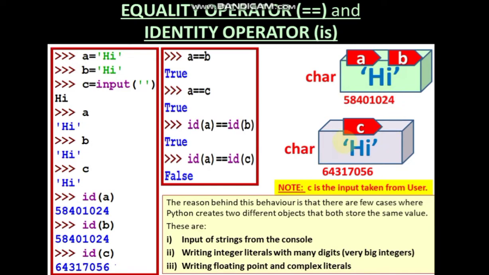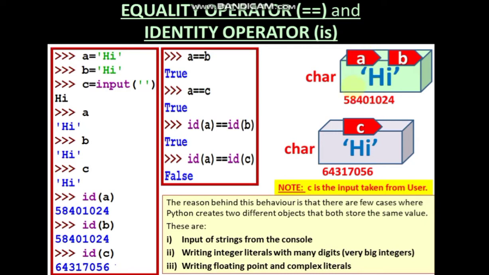Now C, the input which you have taken from the user as a string, gets stored in a different memory location. So now if we check with double equal to, that is their value, the values are the same, the values of A, B and C are all 'hi', but the memory location is different. If we check the memory location of A with B, it will be the same, that is ID of A is ID of B, they are equal, that is A is B, so that will be true.